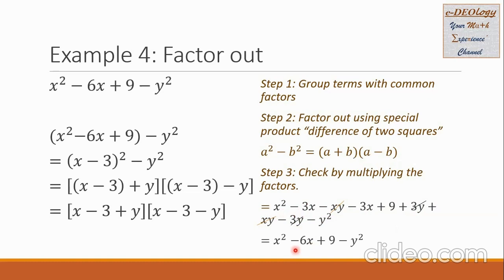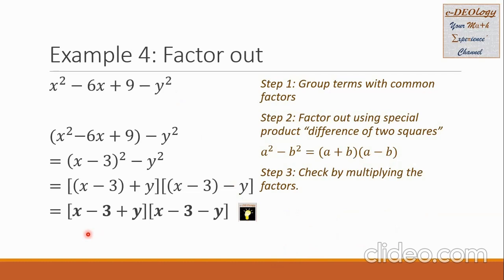Combining them, we'll get the negative 6x. We will copy the 9 and the negative y squared down here. So you see, the final answer here equals our original problem. So it means this trinomial and another trinomial here is our final answer.